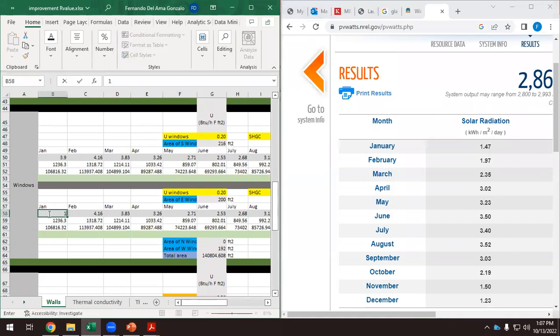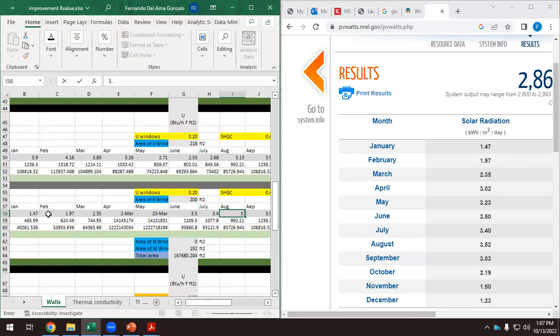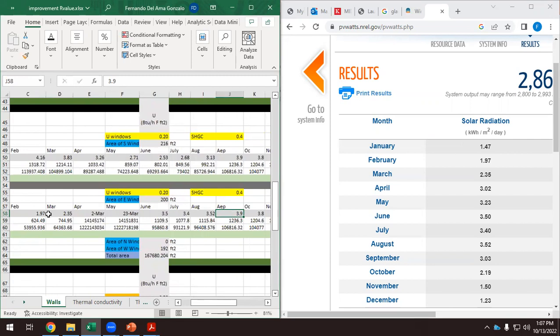In January is 1.47, in February is 1.97, March 2.35, April 3.02, 3.3, 3.03.